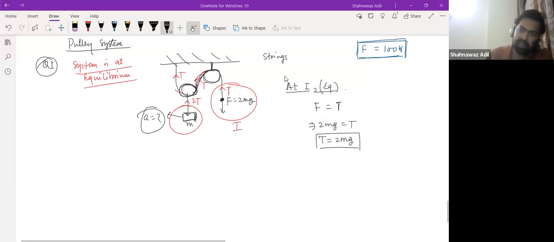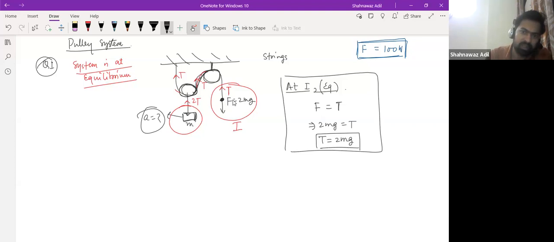Yes, so this is on this part. And then on this one, because this thing is pulling it downwards, this string is going upwards, so we have acceleration upwards, right? Gravity downwards, tension upwards. So if we write the second part, what will we have? That is not at equilibrium, right? This thing is moving.